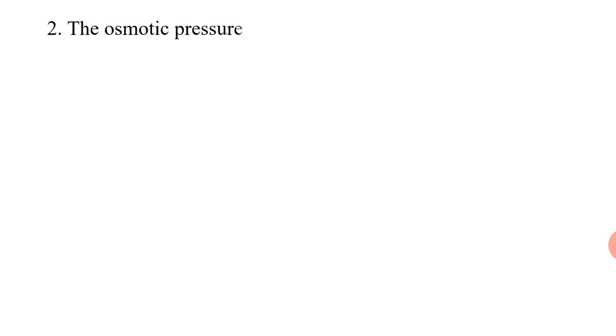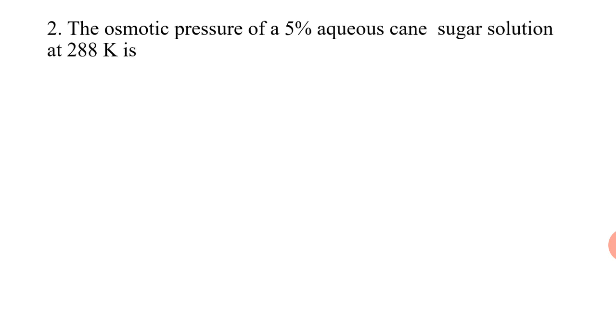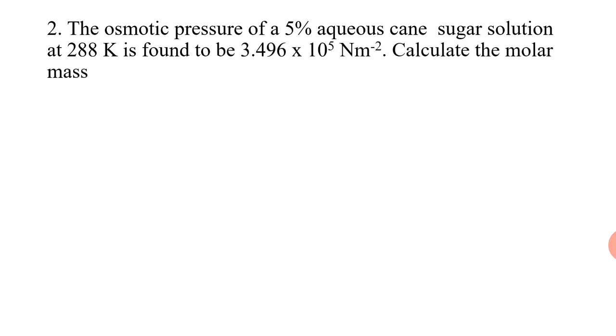Let us see the second example. The osmotic pressure of a 5% aqueous cane sugar solution at 288 Kelvin is found to be 3.496 into 10 raised to 5 Newton per meter square. Calculate the molar mass of cane sugar.